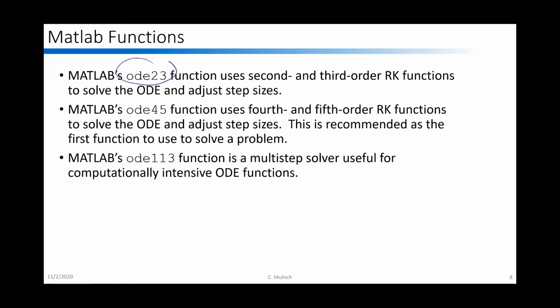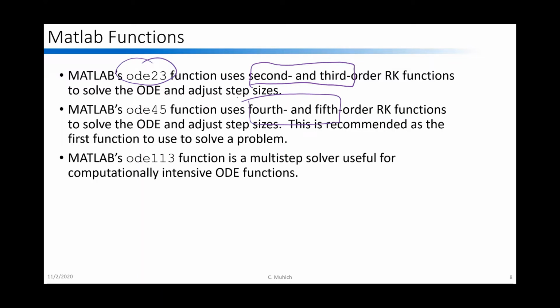So MATLAB has several built-in functions that are going to do this for us, that have already implemented this idea of variable step size. They're called things like ODE23, ODE45, and ODE113. There are slight differences between these because one is second and third order Runge-Kutta versus fourth and fifth order Runge-Kutta.